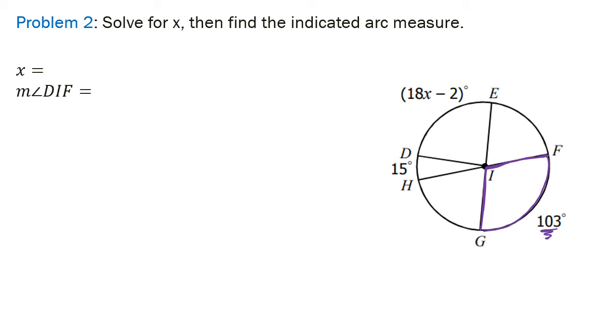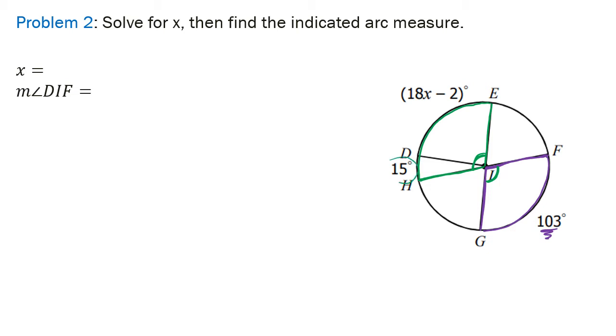If I look at the other side, I notice that this arc EH is the exact same size. So if these two vertical angles are congruent, then these two arcs over here would be the same as the purple arc over here.